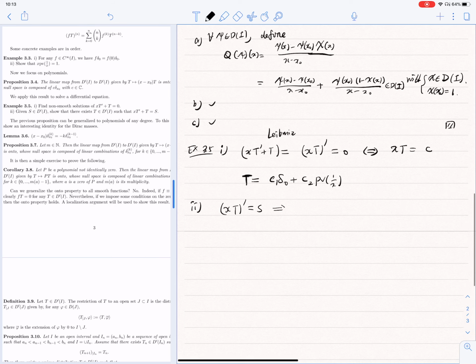Now, using our proposition, we know that there exists a t such that xt is S tilde, and it's done. So we find a t which solves this equation, eventually we solve that equation. And that's what we want.